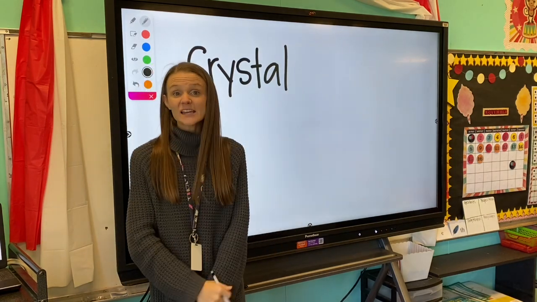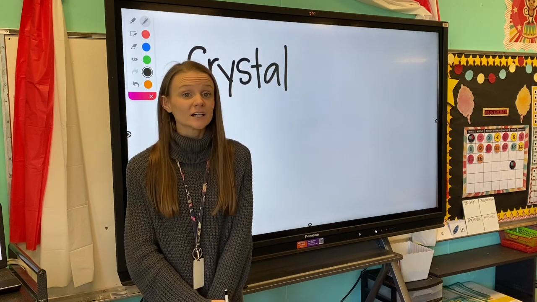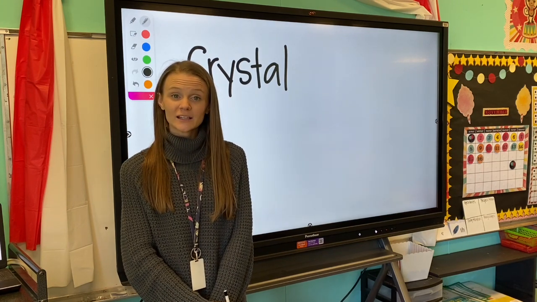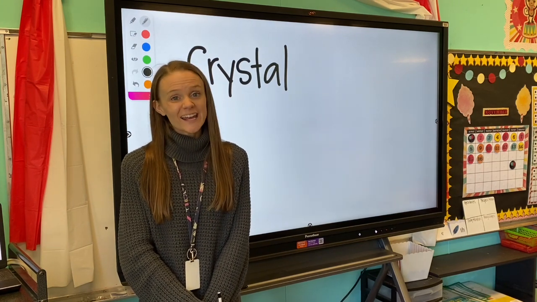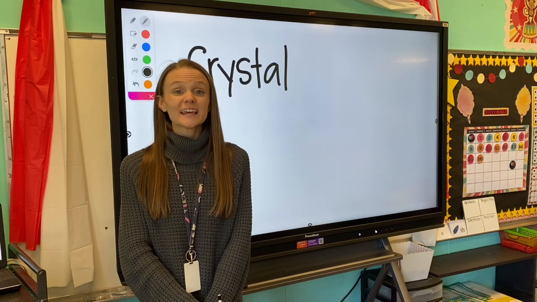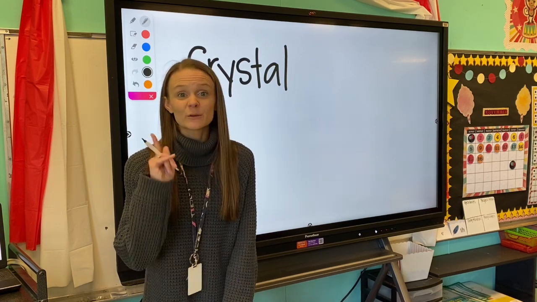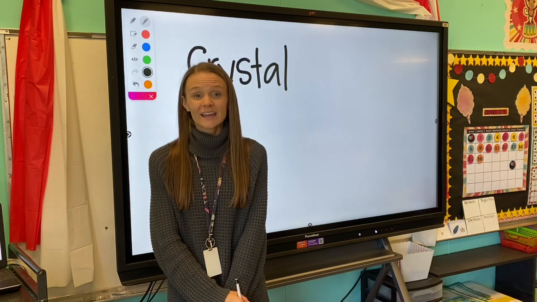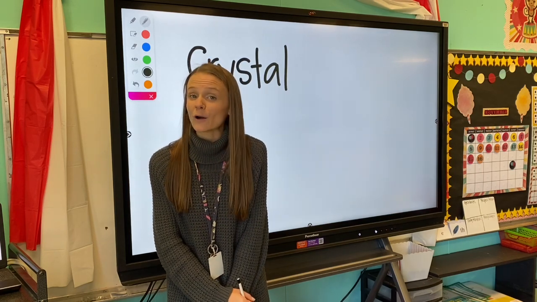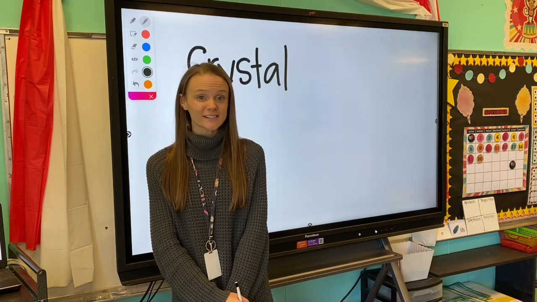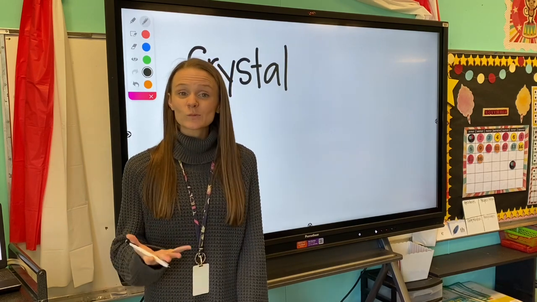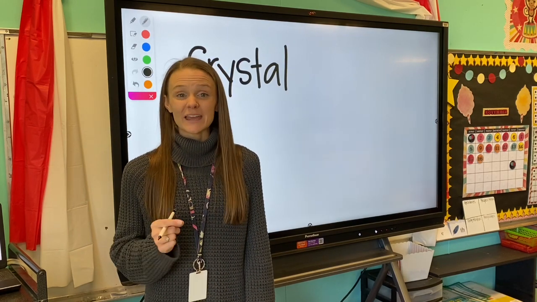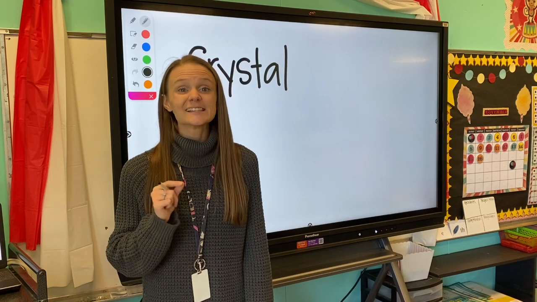Crystal. Is Y making the Y sound in this word? No, it is not. It is making the short I sound. So remember when I told you guys that Y doesn't have to make that long I sound? It can make other sounds as well. And in this word, crystal, it is making the short I sound.